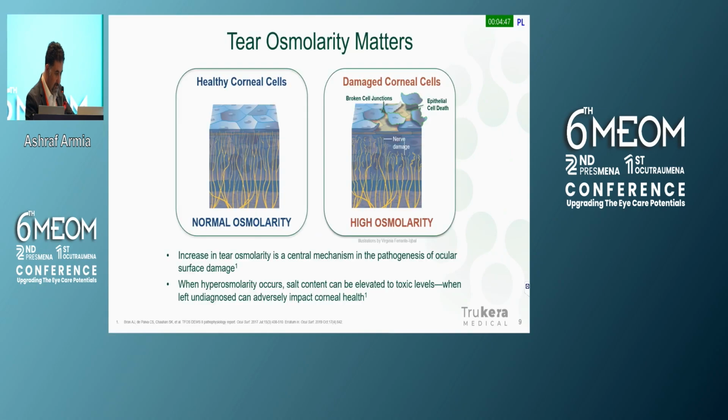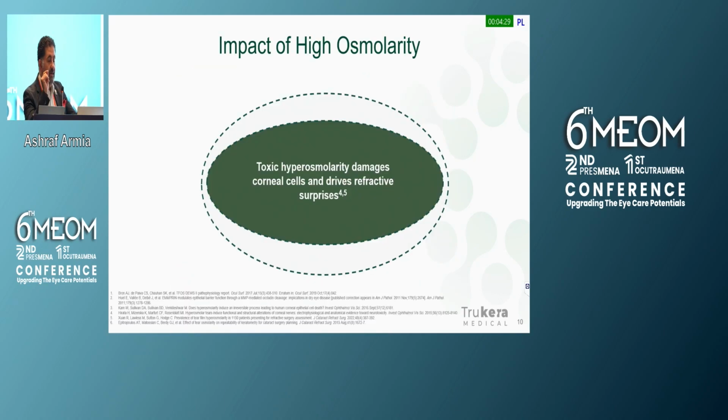Why? Because a defect in the ocular surface, making the tear film unhealthy with a toxic osmolarity. Toxic osmolarity means damage of the corneal cells. High osmolarity or toxic tear film impacts the eye. How?